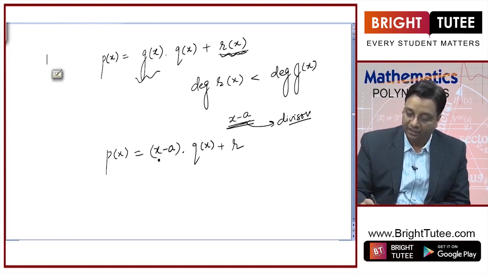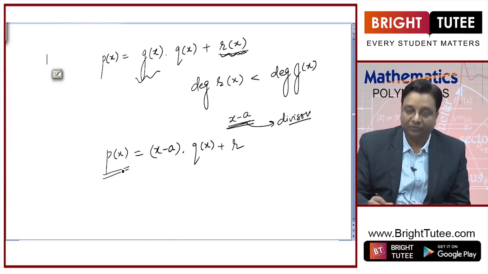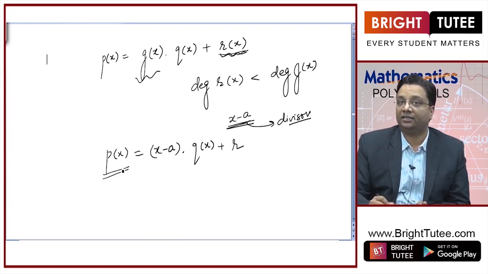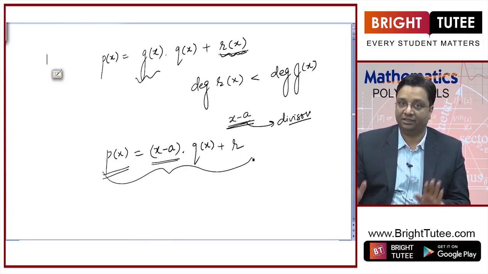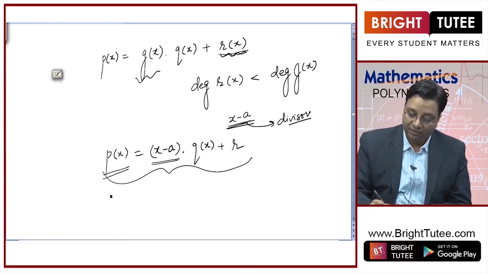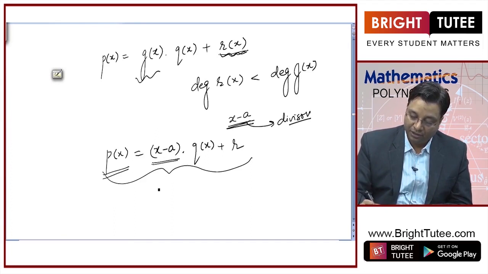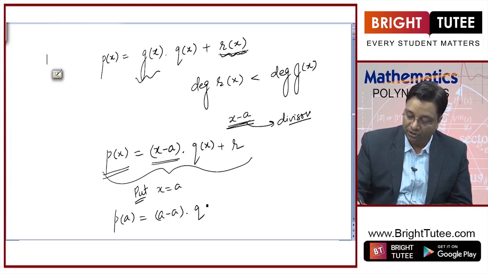Now look at it. When I am dividing a polynomial P of x, which is of degree greater than or equal to 1, by x minus a, this is the expression I get for the division, right? Now if I need to find the remainder, what will I do? If I put x equal to a, P of a will be equal to a minus a into q of a plus r.